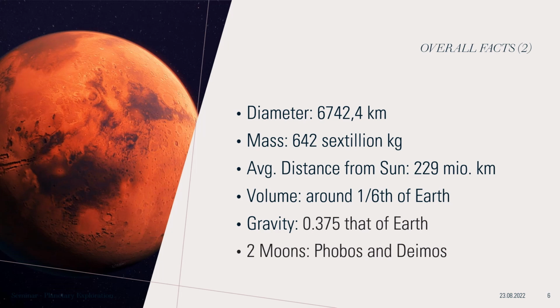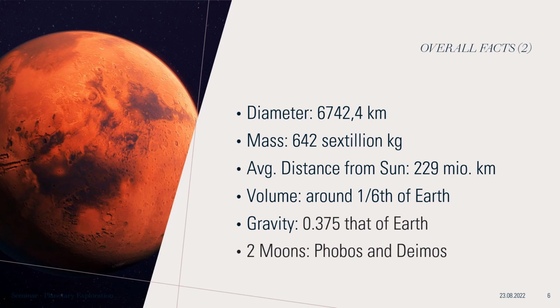Now I'm going to talk about some other overall facts, which are much more general. For example, the diameter of Mars is 6,742.4 kilometers. In comparison, the diameter of Earth is around 12,800 kilometers, so Mars is nearly half. Then the mass of Mars is 642 sextillion kilograms, so it's 642 and 21 zeros kilograms.